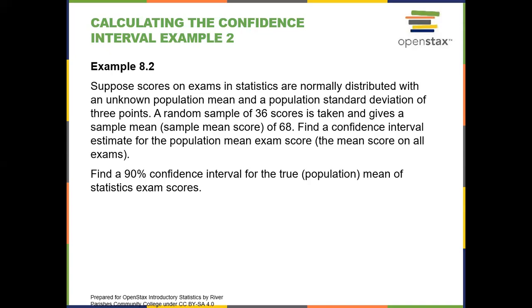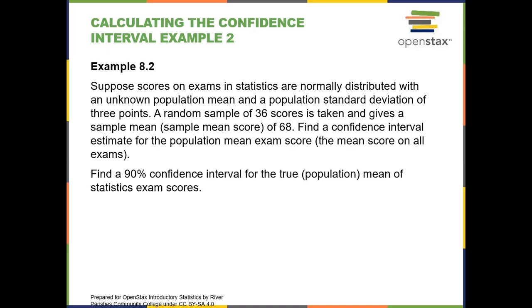Find a 90% confidence interval for the true population mean of the statistics exam score. Notice your sample size is 36, greater than or equal to 30. The sample mean score is 68, and we want to estimate the interval with 90% confidence within which most probably the population mean will fall.